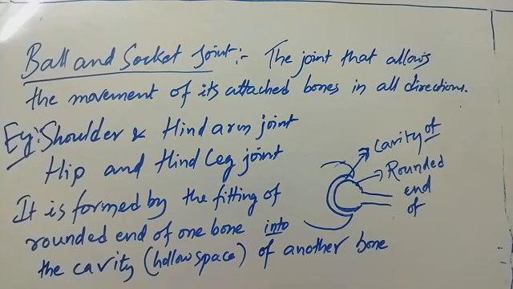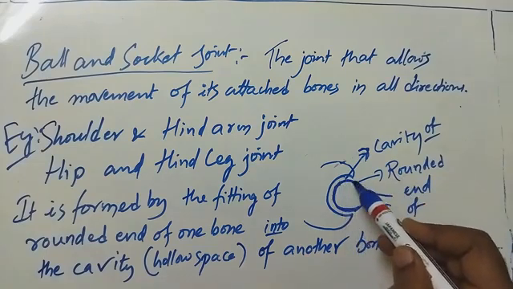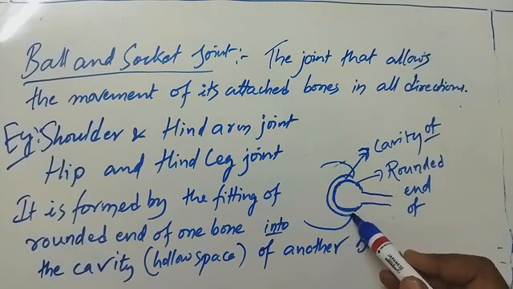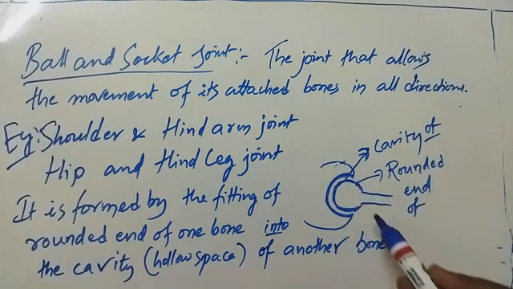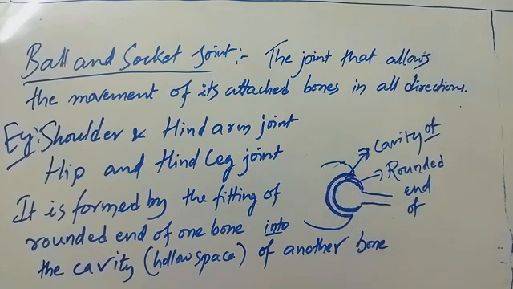So how is it formed? It is formed by the fitting of the rounded end of one bone into the cavity of another bone. When it is fitting, automatically ball and socket joint is formed, right?